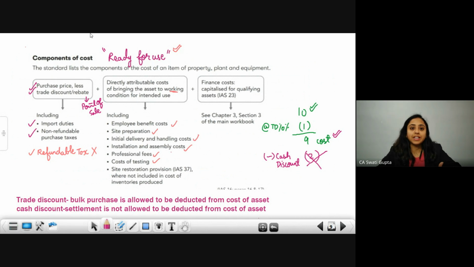If I talk about cash discount, can you deduct cash discount from PPE cost? So trade discount will be deducted, yes. Cash discount will not be deducted. If we talk about any expense that is necessary for bringing the asset ready for use, will this be added to PPE or not?